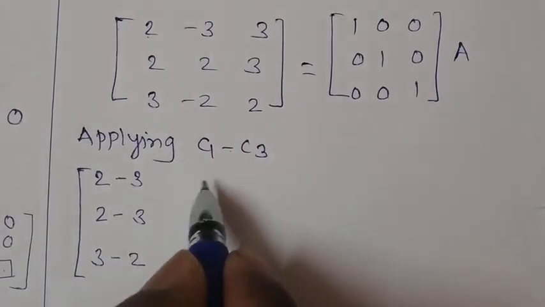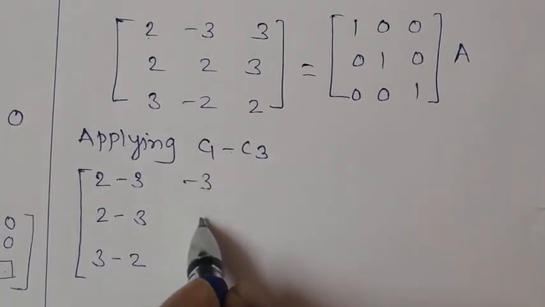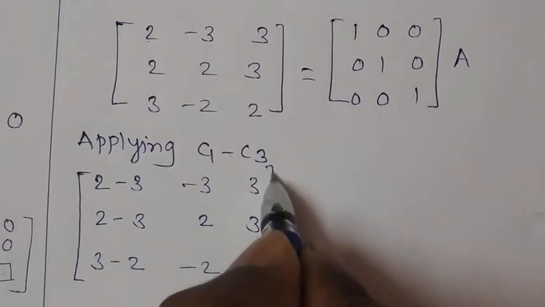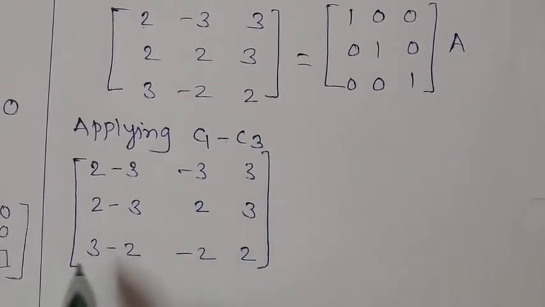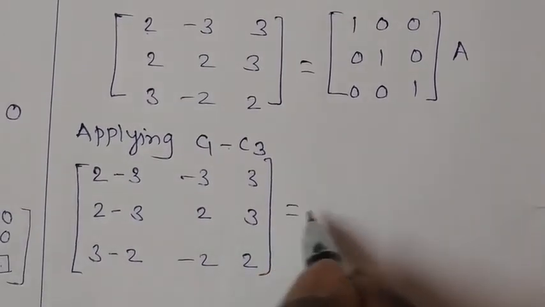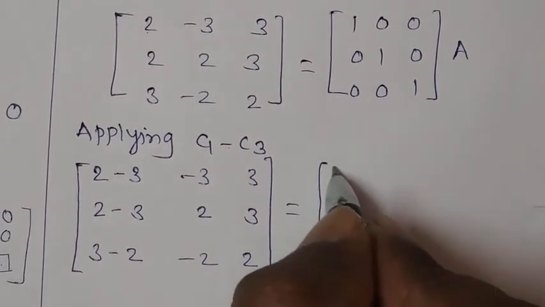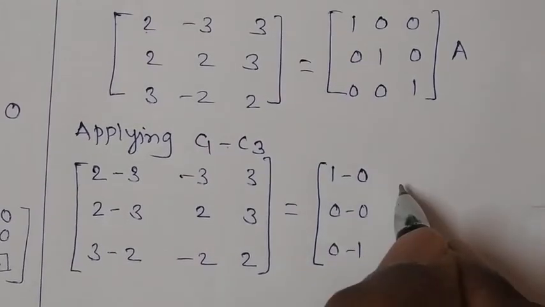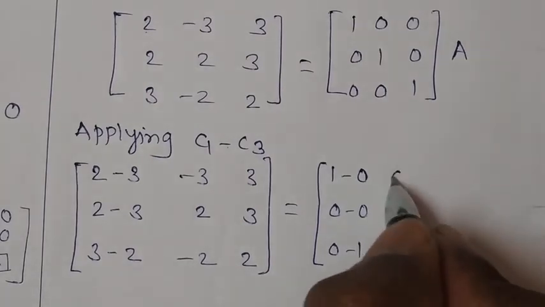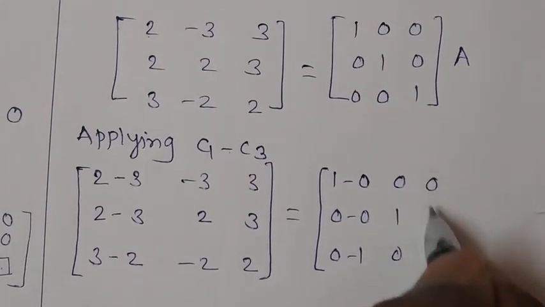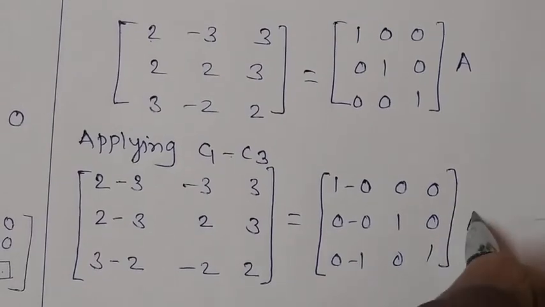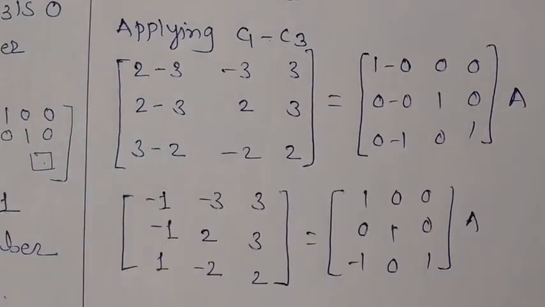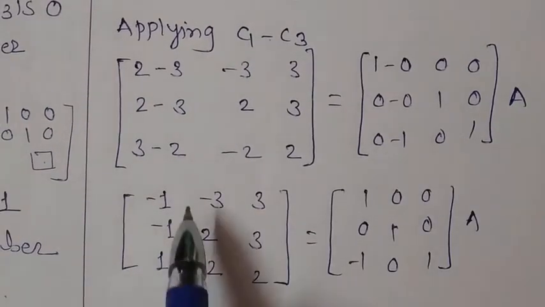C2 will never change, so it stays minus 3 2 minus 2, and C3 remains 3 3 2. Now this is the change of C1, so you must make the same change on this side also: 1 minus 0, 0 minus 0, and 0 minus 1 for C1. C2 is 0 1 0 and C3 is 0 0 1, into A. Solving, 2 minus 3 gives minus 1, minus 1, 1.